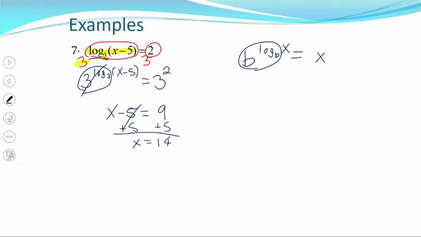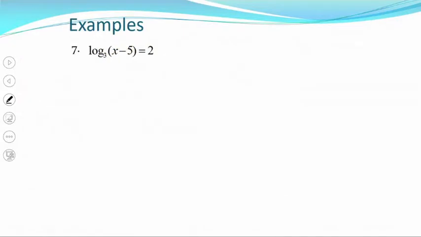That's why I did that. So they canceled out and I got left with x minus 5, but of course, whatever you do on the left side, you also have to do to the right side. So that's why I had to do the same thing on the right side and make 3 the base and 2 the exponent. So, let's try this on another problem, shall we?